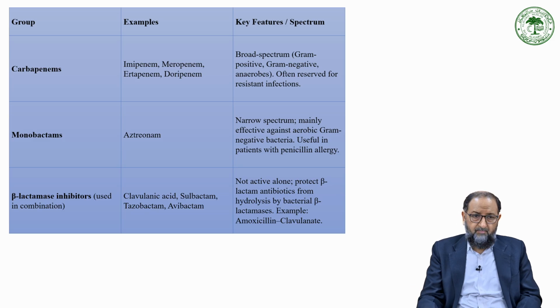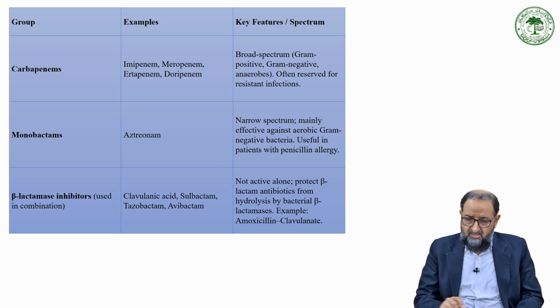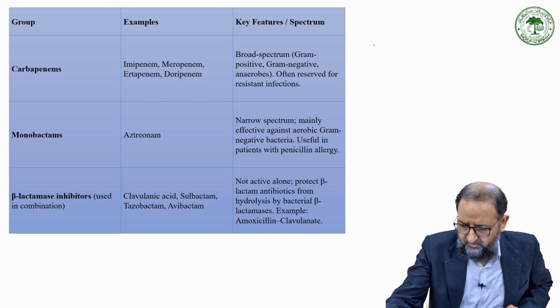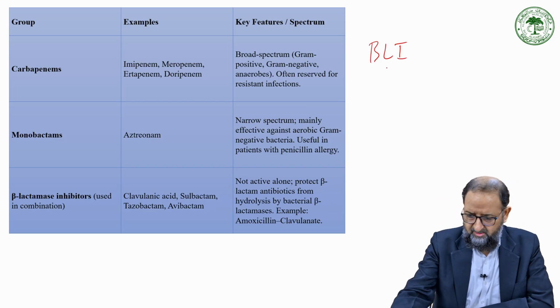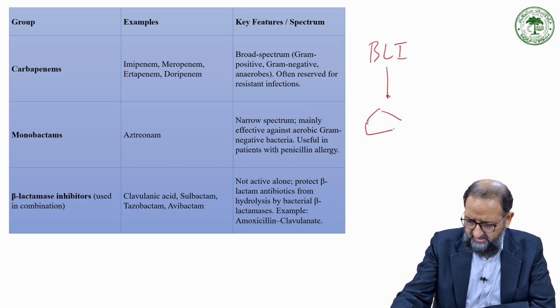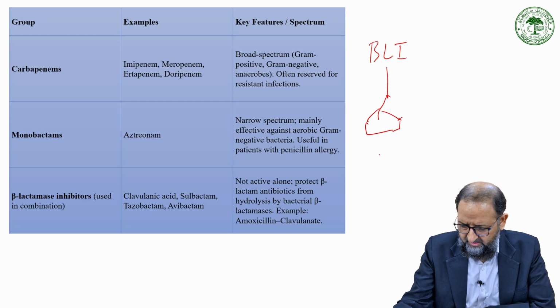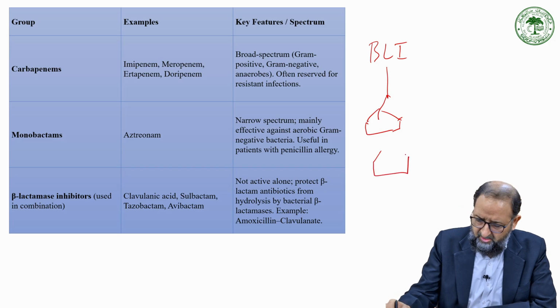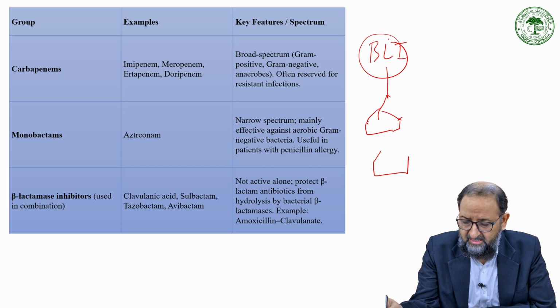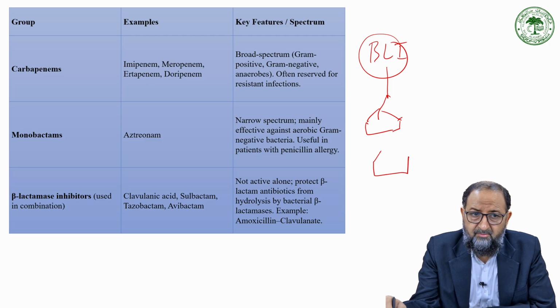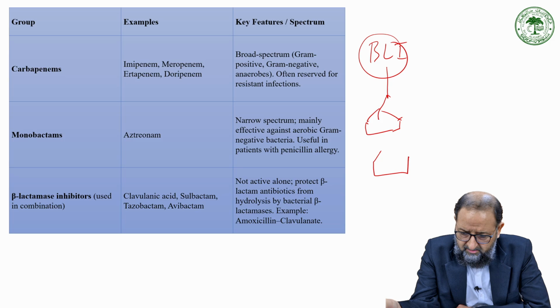So that may be considered also in various gram-negative anaerobes having class A and class D producing bacteria. Beta-lactamase inhibitors used in combination are the most recent development, where several inhibitors exist. Now, what do these inhibitors mean? For example, this is a beta-lactamase inhibitor. This ring amide bond is cleaved, and so this ring becomes open.